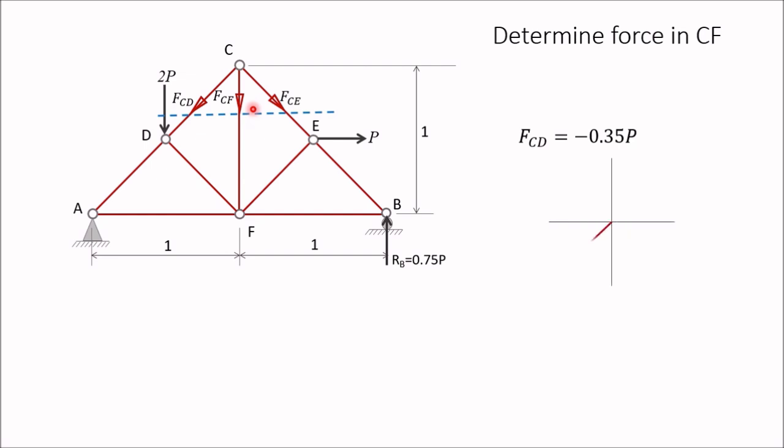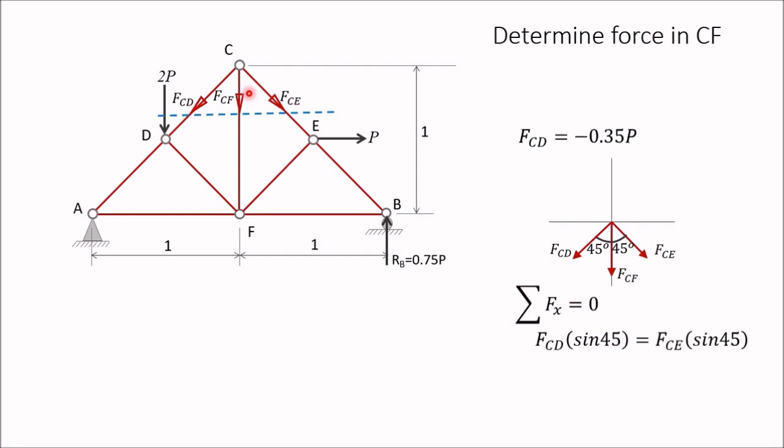Draw these three forces at one point: FCD at an angle of 45 degrees, FCE again at an angle of 45 degrees, and FCF vertically downward. Now apply sigma Fx equal to 0. You will get FCD equal to FCE, so these two values are the same, minus 0.35P.